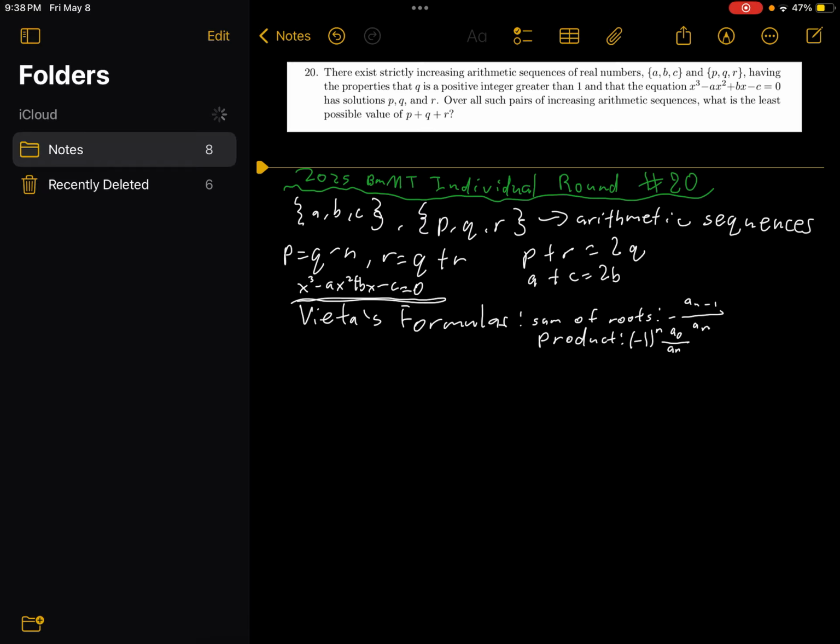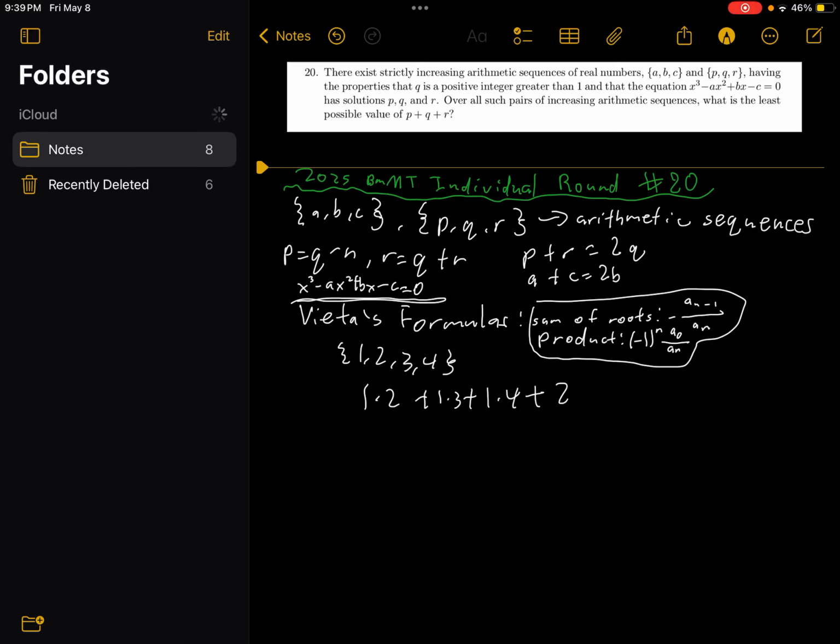Another important one that we're going to use in this problem specifically, which doesn't come up as much as these two, is the sum of roots two at a time. For example, if the roots of a specific polynomial are 1, 2, 3, 4, then two at a time would be 1 times 2 plus 1 times 3 plus 1 times 4 plus 2 times 3 plus dot dot dot plus 3 times 4.